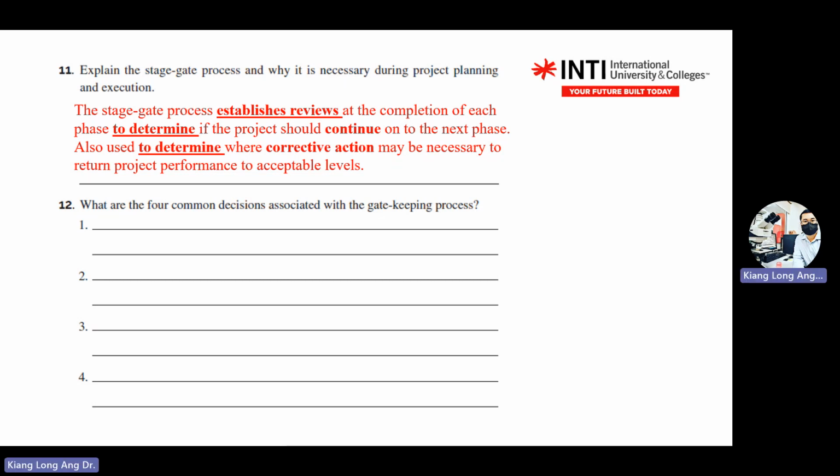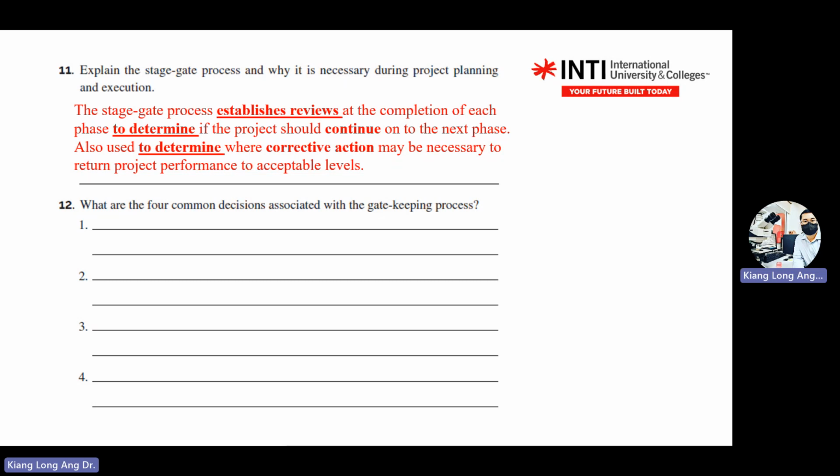Approve and proceed. So the first one is proceed. The worst one is not proceed, right? Proceed, not proceed. So the middle one is what? Hold. You cannot just hold alone.